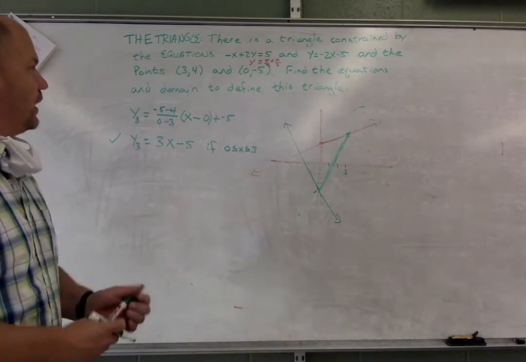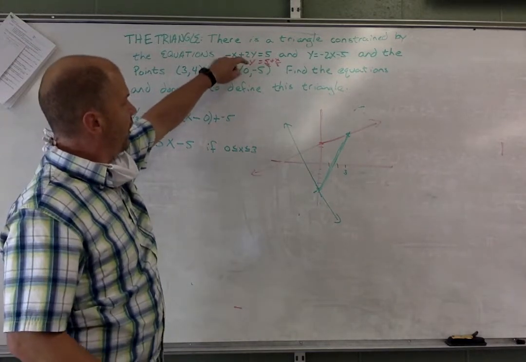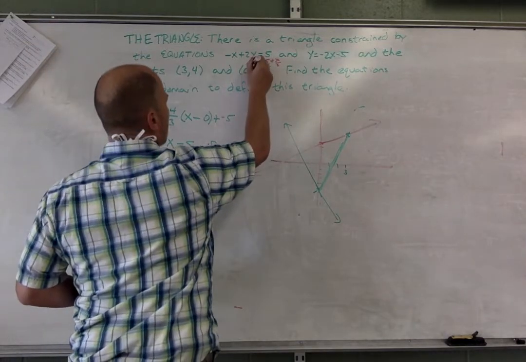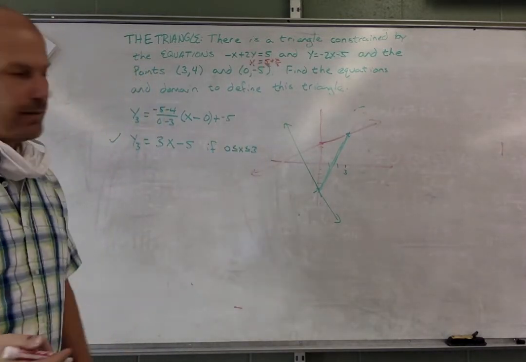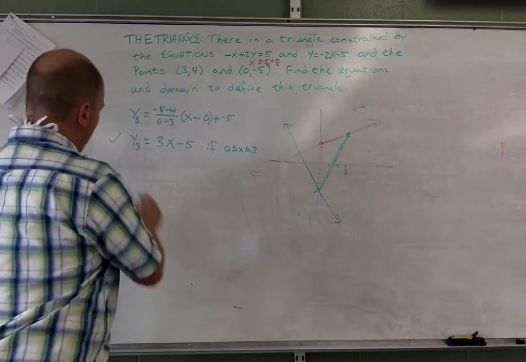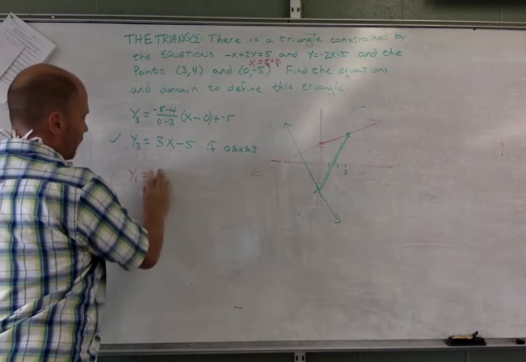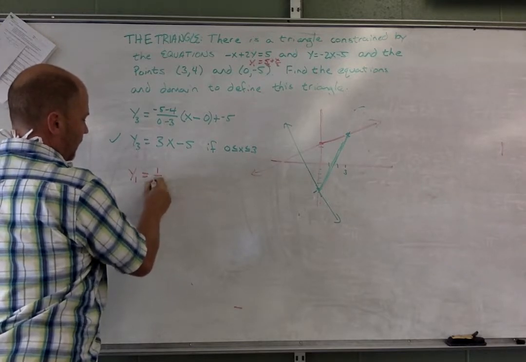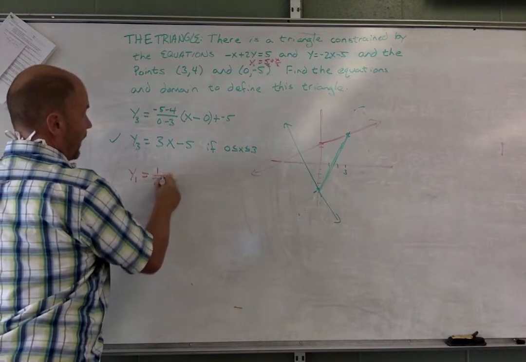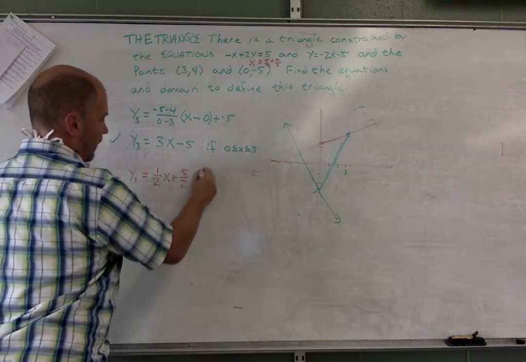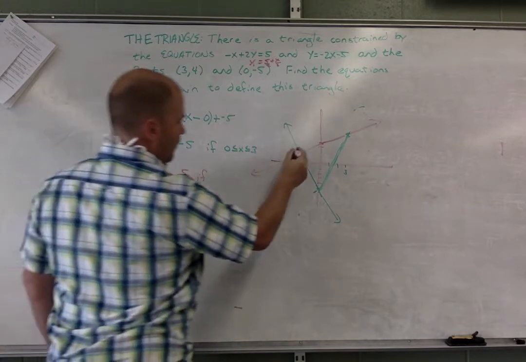y3 is done. If I go back to the red one, let's call it y1, I already know the equation of it. Writing it in normal mx plus b form, y1 is 1/2 x plus 5 halves, if x is between, I don't know what that point is.